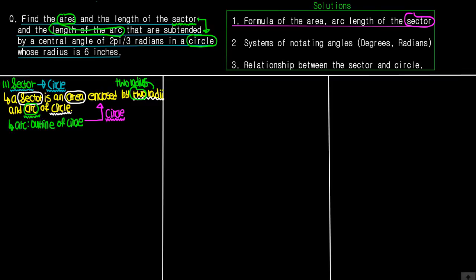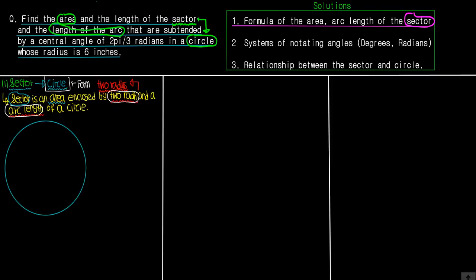If you draw a full circle, this is our circle, and the most important thing in our circle will be its central point, because the central point defines the location of our circle. From the definition of our sector, it is enclosed by 2 radius. So what is the radius?